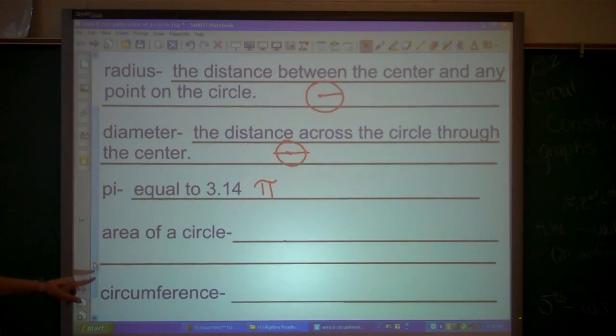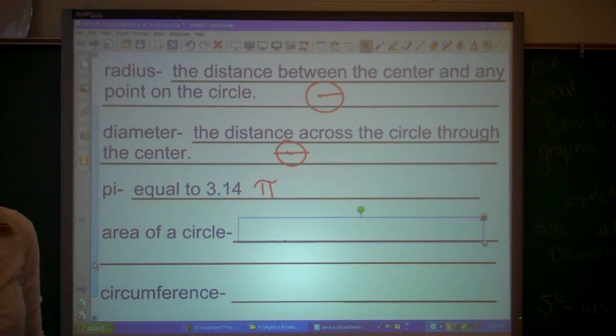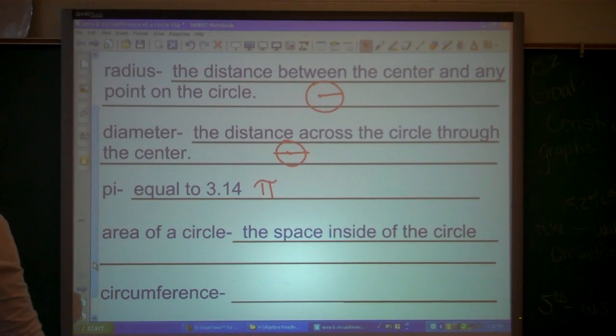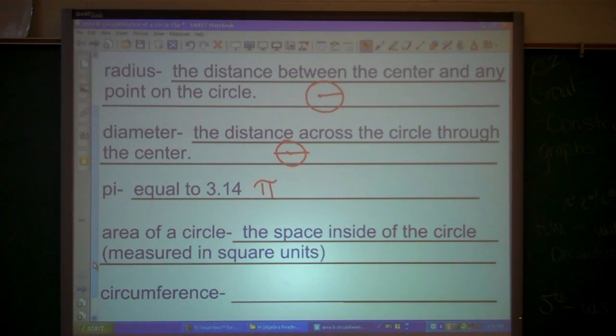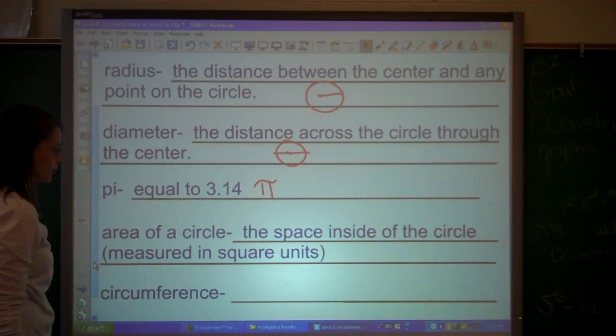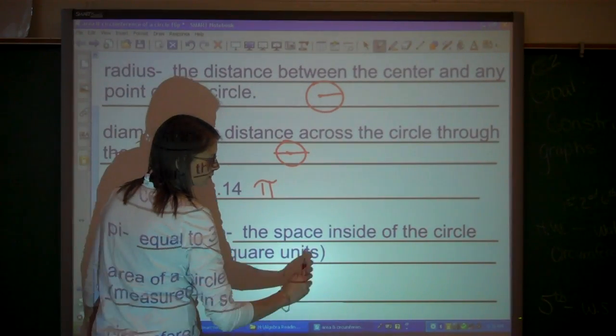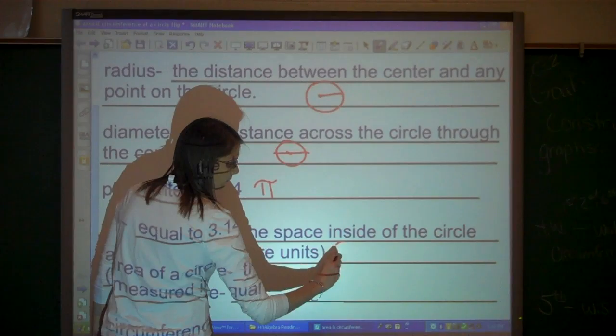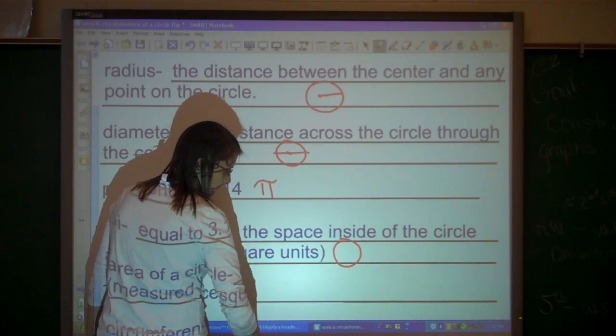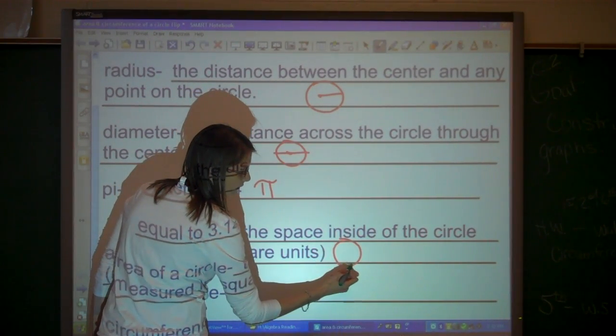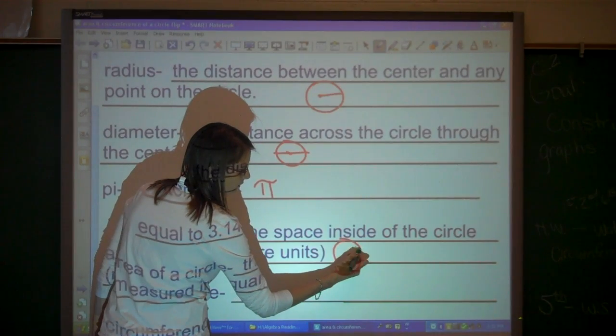Now, area of a circle is the space inside of the circle, and it's measured in square units. So when I'm talking about the area of the circle, that is all of this space inside of the circle.